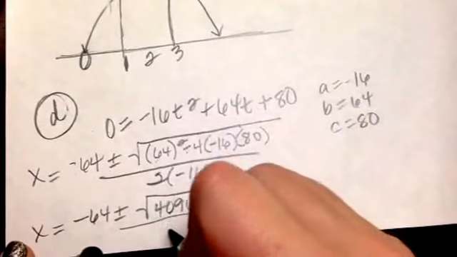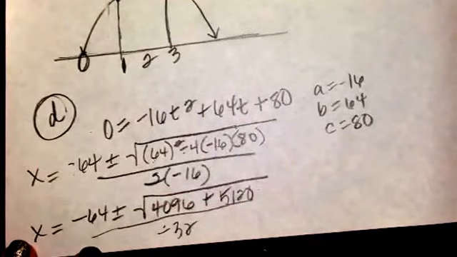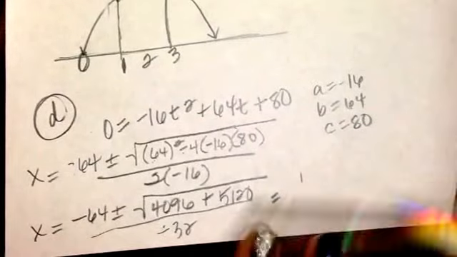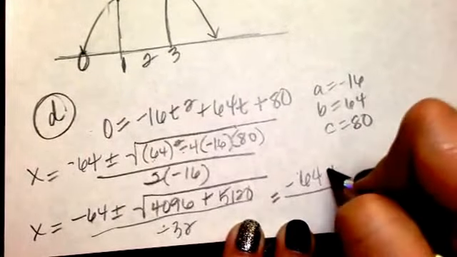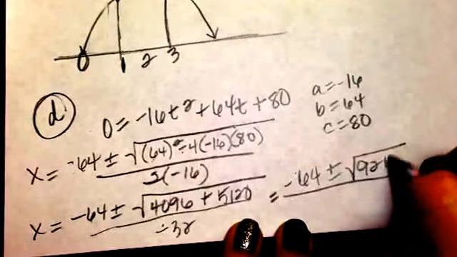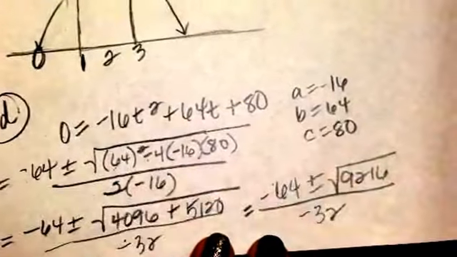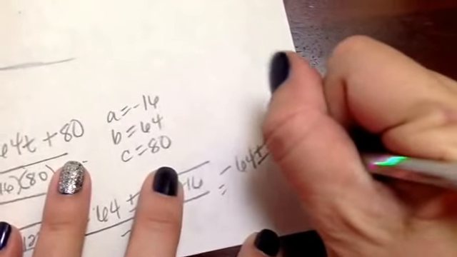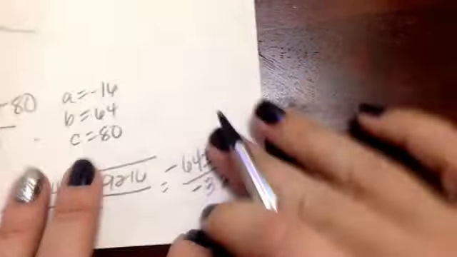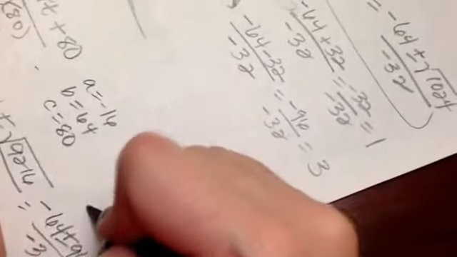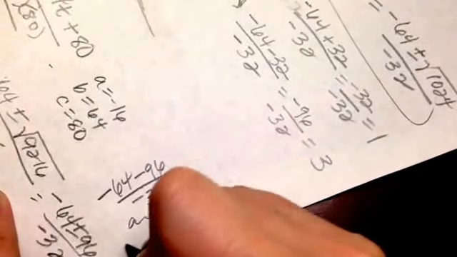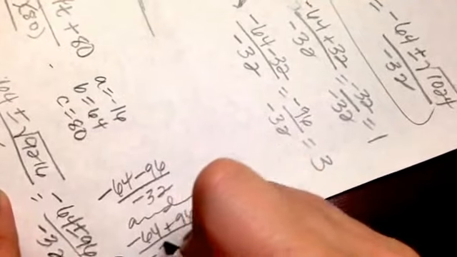All of this over negative 32. 5,120 plus the 4096 under my radical is going to put me at negative 64 plus or minus radical 9216 all over negative 32. The square root of 9216 is 96. Negative 64 plus or minus 96 all over negative 32. If I do negative 64 minus 96 over negative 32, I've got to also find negative 64 plus 96 all over negative 32.